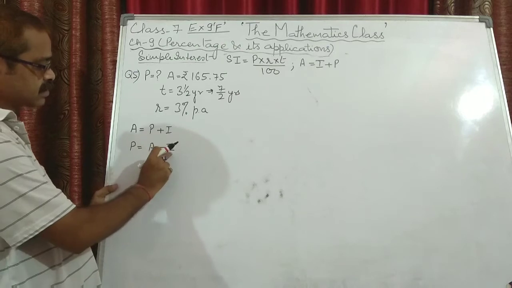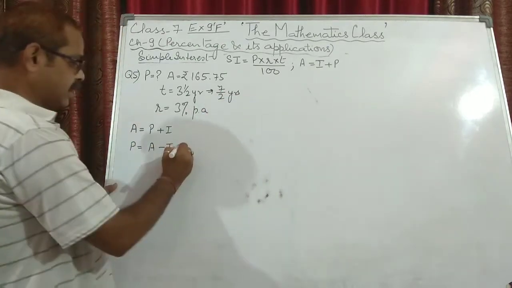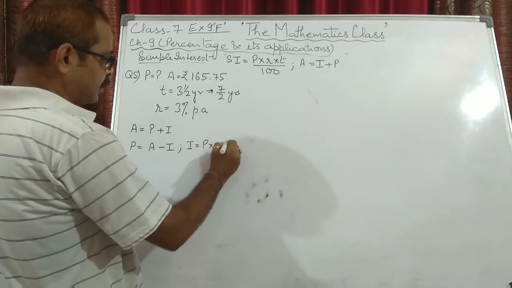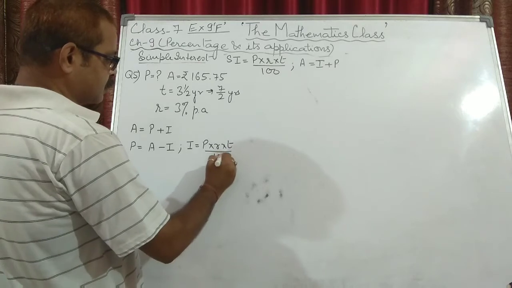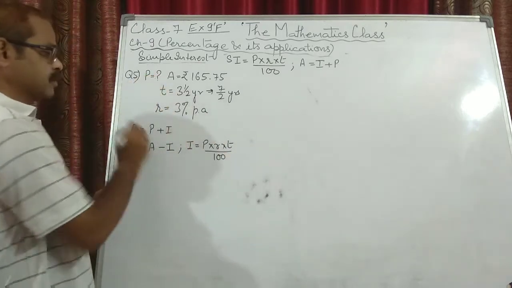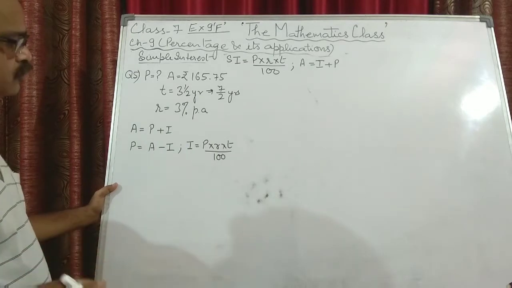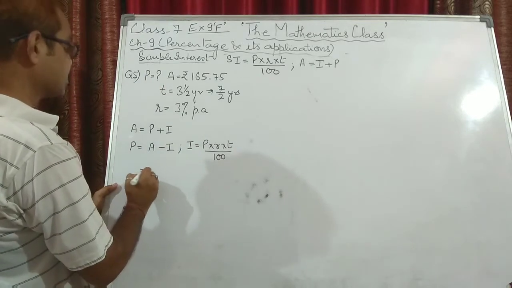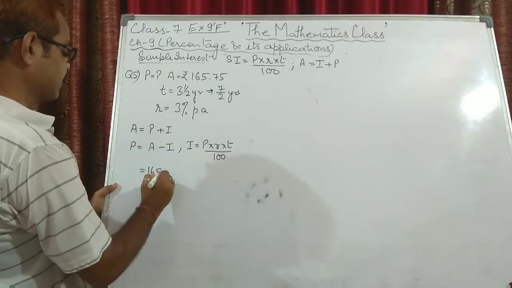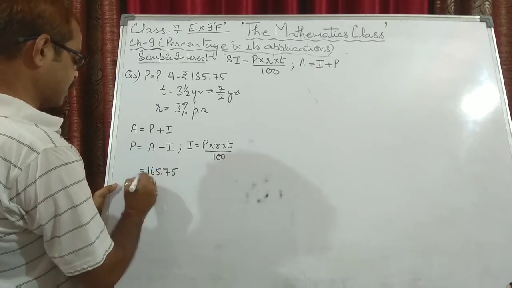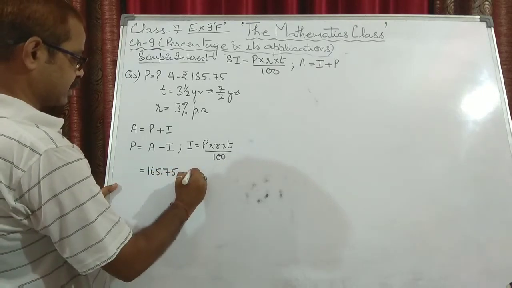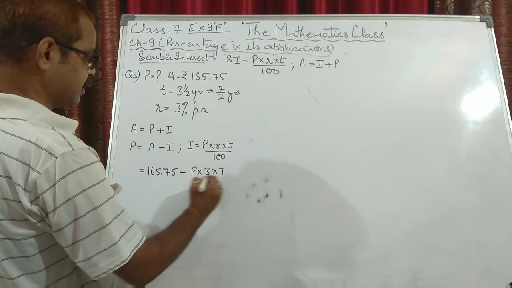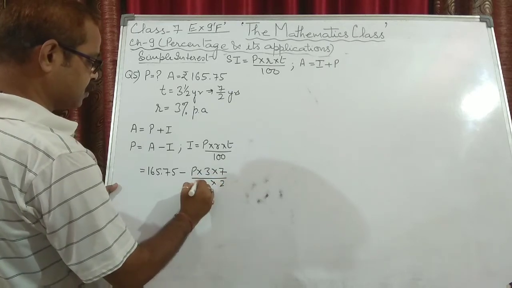Now we know that interest is equal to P into R into T upon 100. So we will assume let principal be denoted by P. We can take X also, but we are taking let the principal be P. So amount is 165.75, minus interest. Interest is principal into rate 3%, time 7 upon 2 years, upon 100.